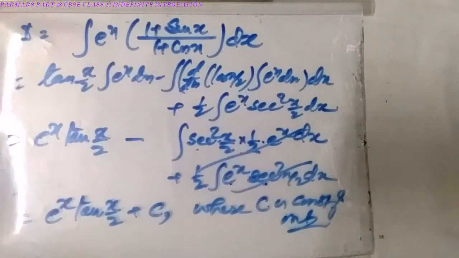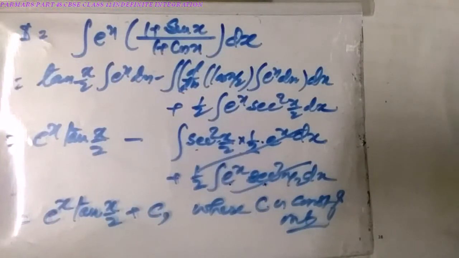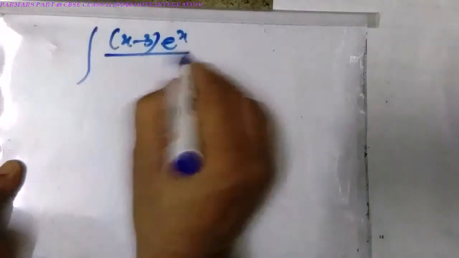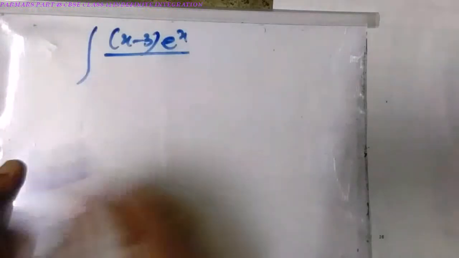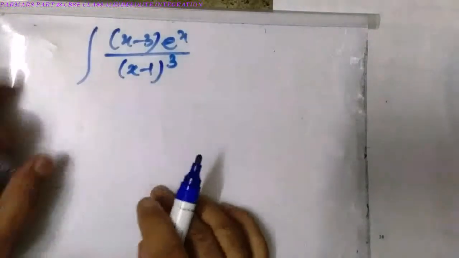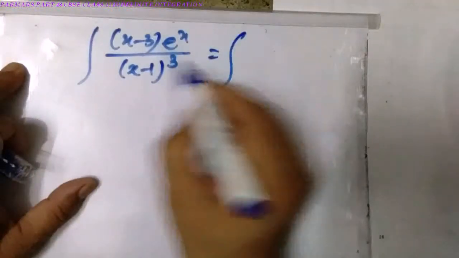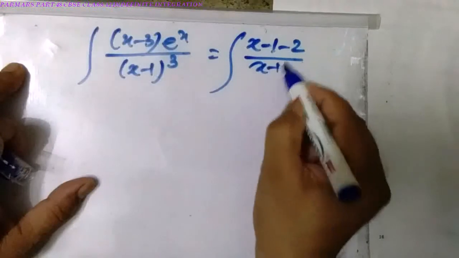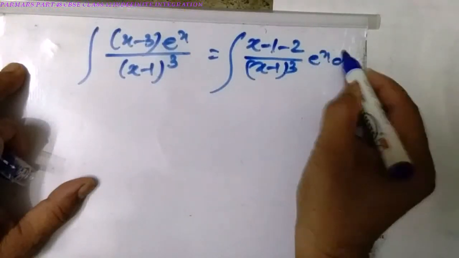All this is clear, is it not? Now moving towards one more question: (x − 3) e^x / (x − 1)³. What I am doing here: x − 3 is (x − 1) − 2, over (x − 1)³, times e^x dx.